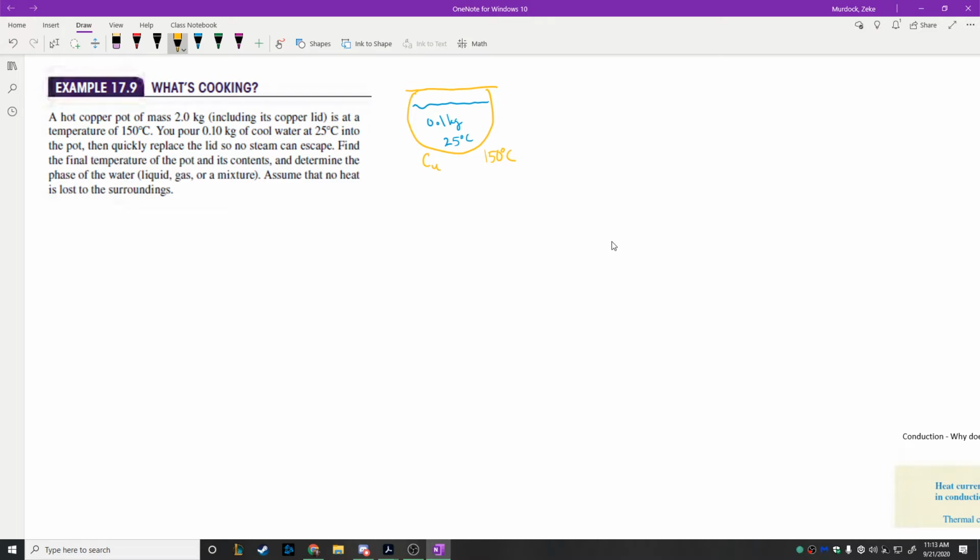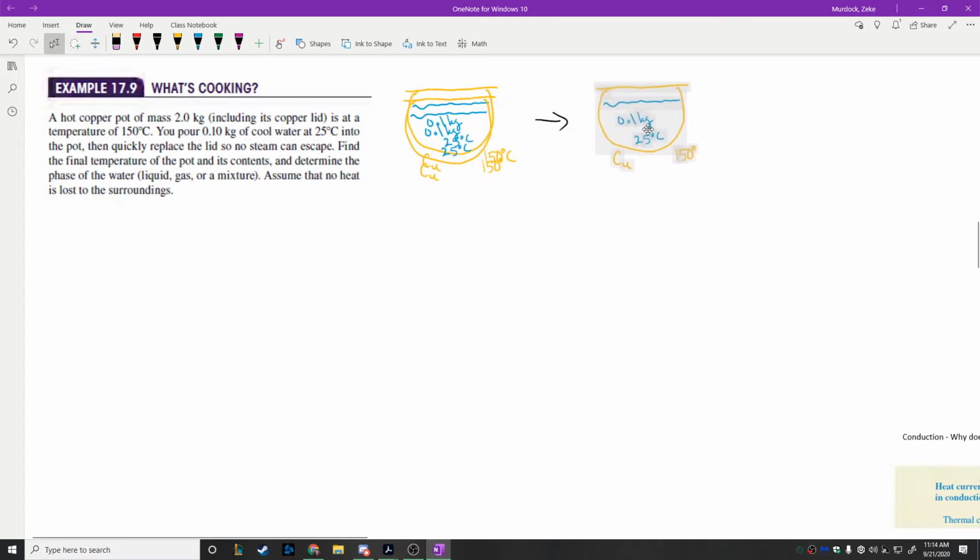We want to find the final temperature of the pot and its contents, and determine the phase of the water, liquid, gas, or a mixture, and assume that no heat is lost to the surroundings.